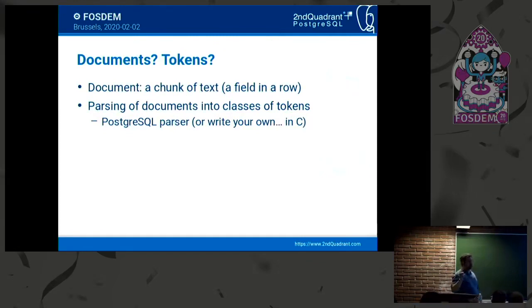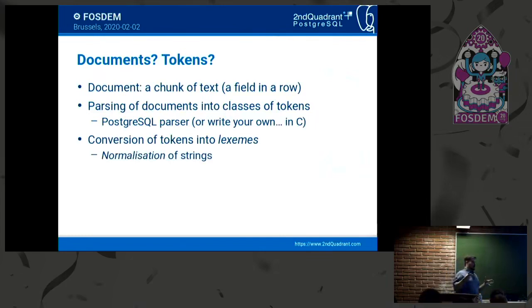So tokens can be strings, alphanumeric strings, numbers, any sort of character group that you define that is interesting to you for your own purposes. So breaking up the text into tokens and classes of tokens is parsing, and we're fortunate enough, as a result of serious effort and time that has been spent, to have a very good parser that comes for free with Postgres. Or if you have different requirements, you can write your own parser, as long as you can write it in C.